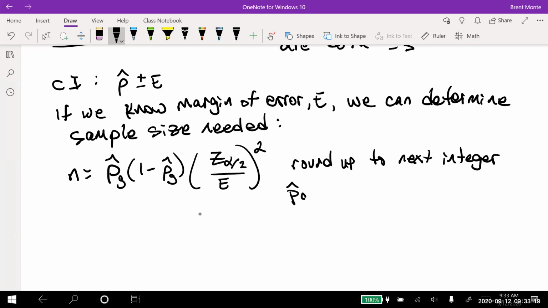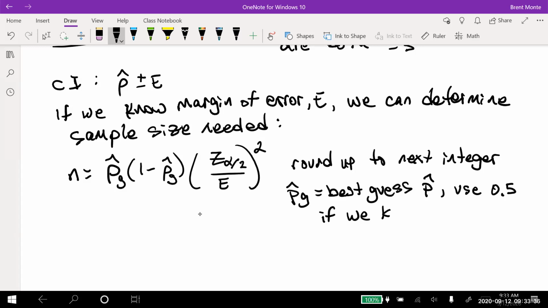So p hat sub g is our best guess to what p hat is going to be. And if we don't know, use 0.5. If you don't have a good guess to what p hat is, just use 0.5.